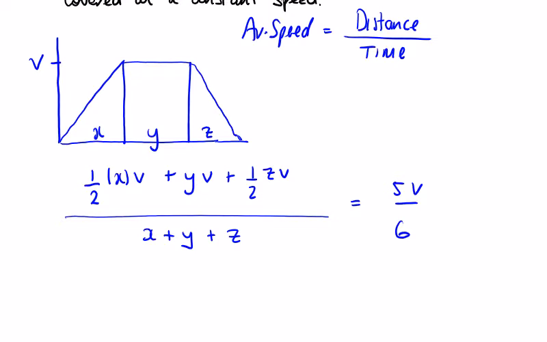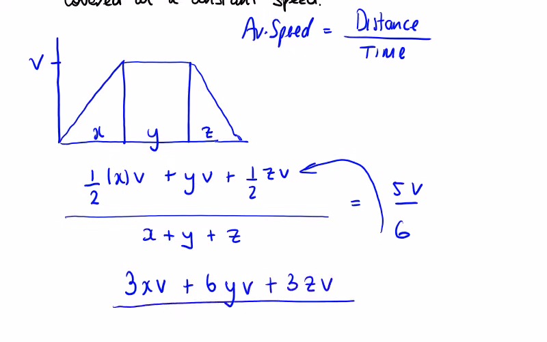So we can cross multiply here. 6 by all of these is going to give me 3xv plus 6yv plus 3zv equals 5v times x plus y plus z.